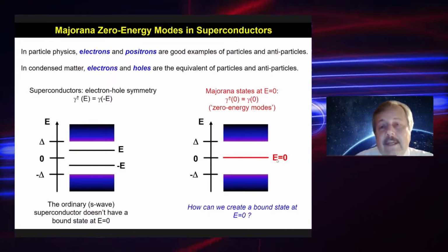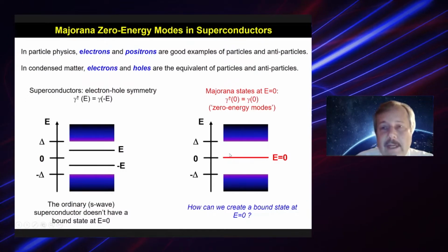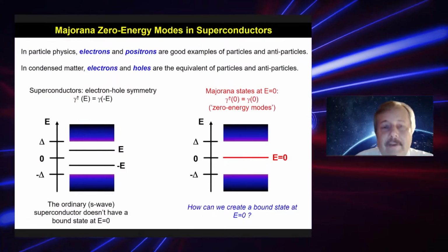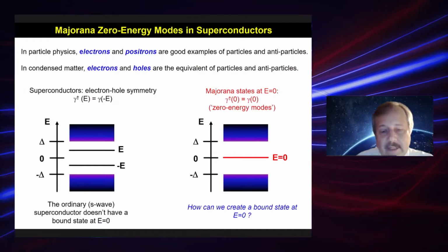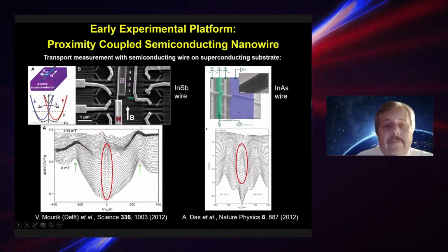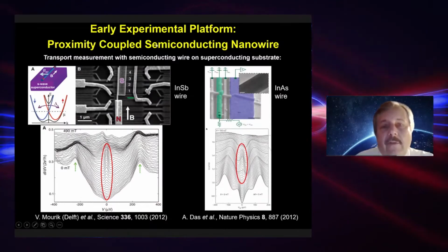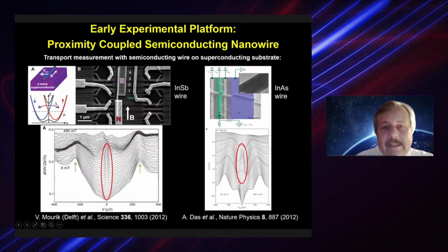On the other hand, it has been proposed that exactly this situation might be realized in hybrid systems of superconductors with, for instance, semiconductor nanowires or magnetic nanowires. First, the focus of this research was on hybrid systems of semiconductor nanowires proximity coupled to elementary superconductors like aluminum.